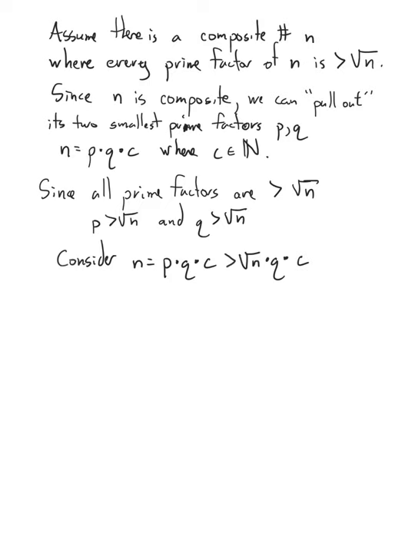If you don't see that, pause the video and think about that a little bit. I'm replacing a bigger number with a smaller number, so the side with the smaller number is smaller. But I can do this again. I can replace q with square root n, and the expression gets even smaller.